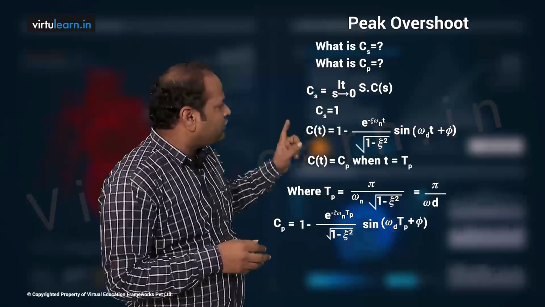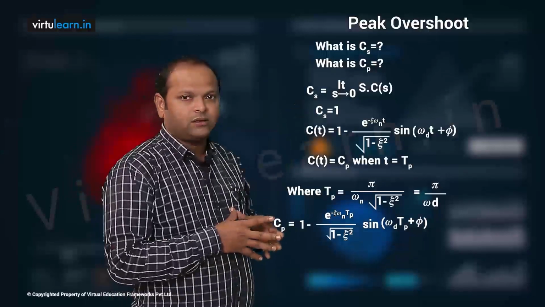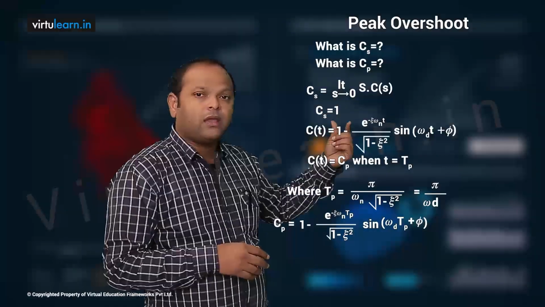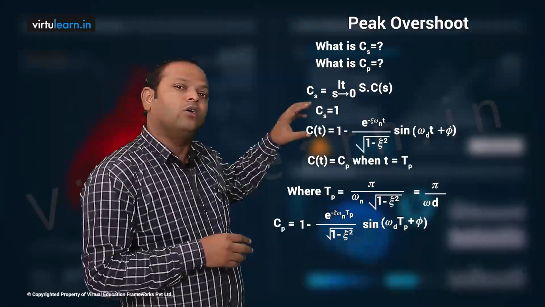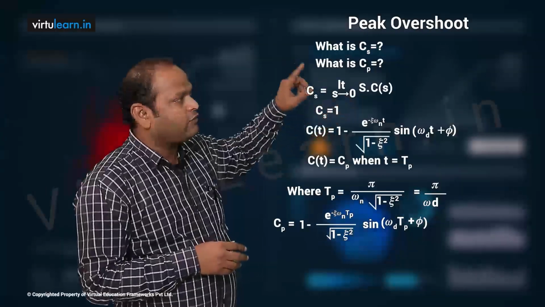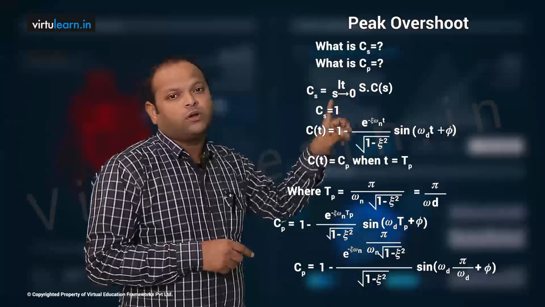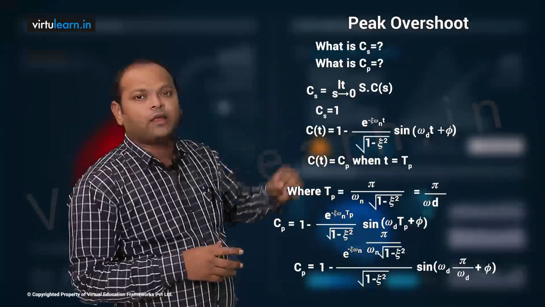Your Cp is equal to 1 minus e power minus zeta omega n. In place of t, I should substitute pi by omega n into under root of 1 minus zeta square. Therefore in the exponent, I have zeta omega n into pi by omega n into under root of 1 minus zeta square. Therefore omega n we can cancel.